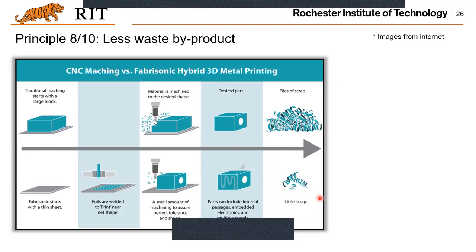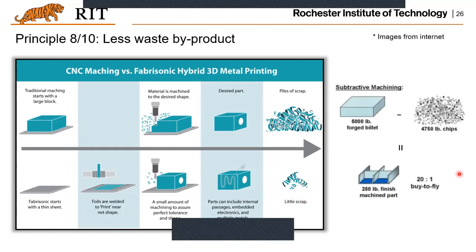And if we look at some extreme case, let's see, the final part we want is something like this, right? There are large volumes of empty regions. But if you're using subtractive manufacturing, you still need to remove that much material from this solid block.